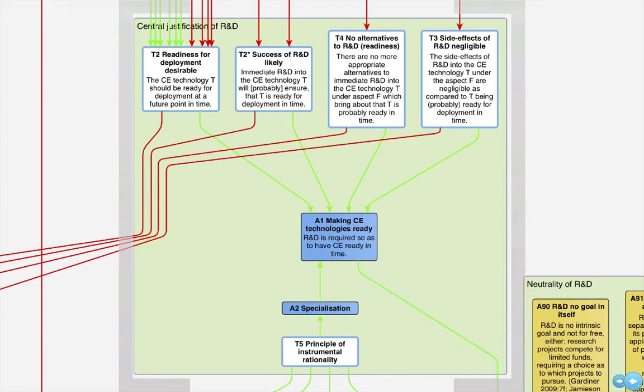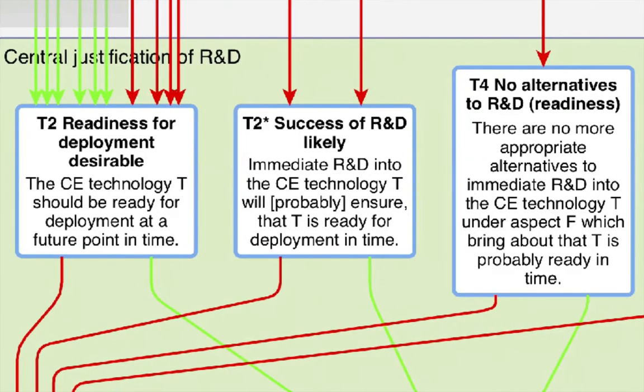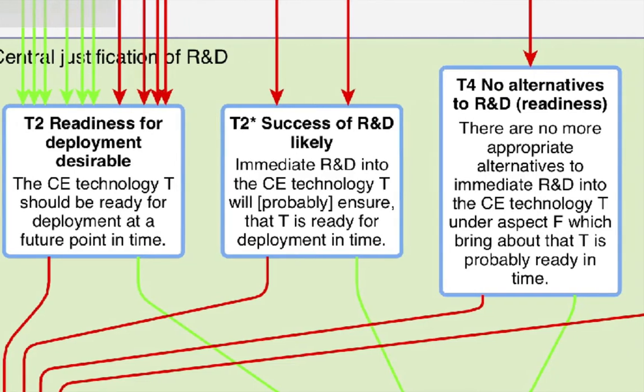Obviously, it has to assume that it is desirable to have these methods ready for deployment in the very first place. It has to assume that R&D is a suitable means for making CE methods ready for deployment.